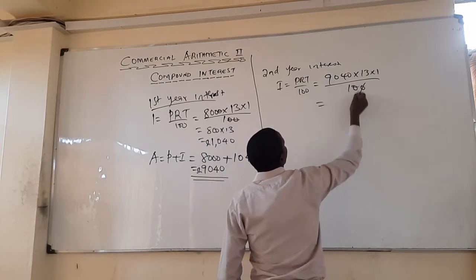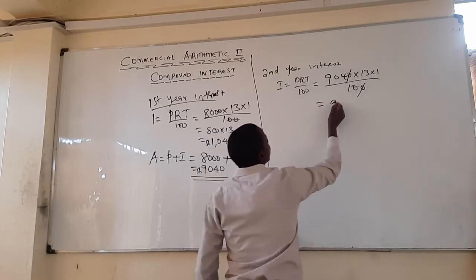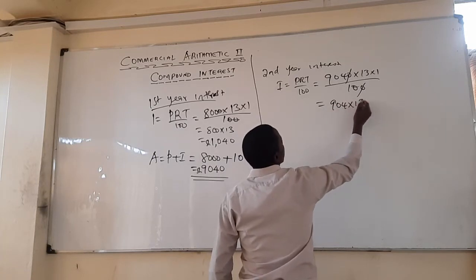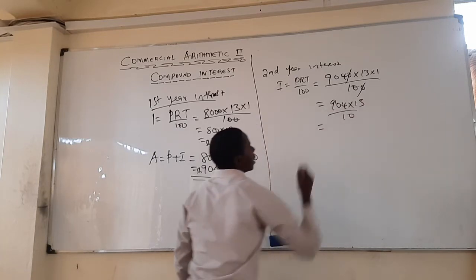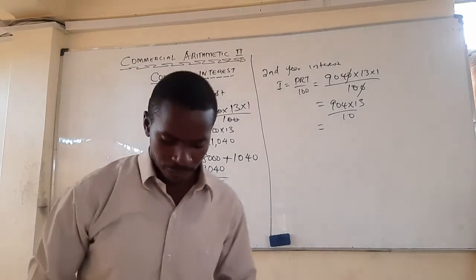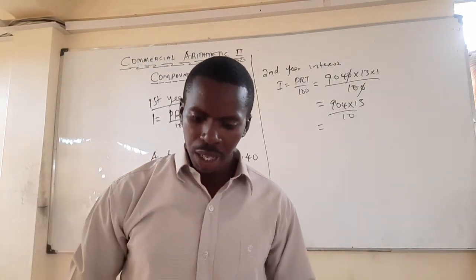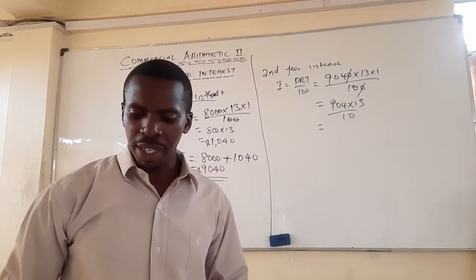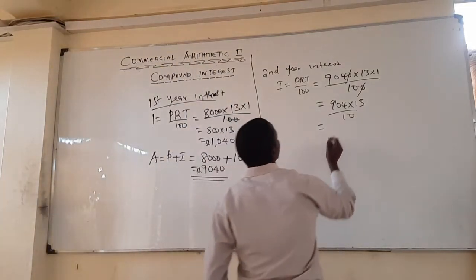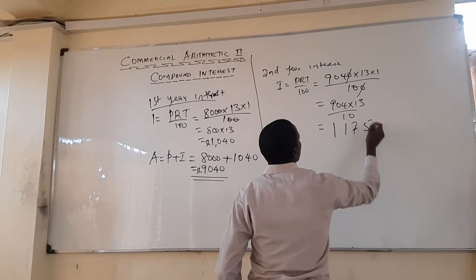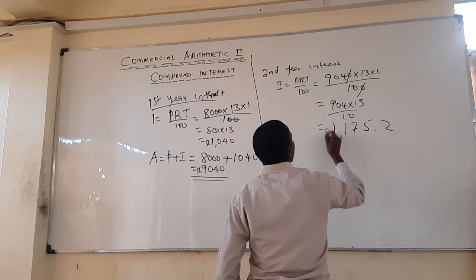So we are going to have 90.4 times 13, and this we are going to have as 1,175.2 shillings.